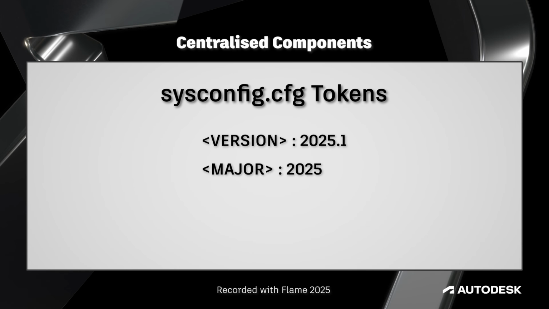The major token refers to the application major version, so in our 2025.1 example, it would resolve to 2025. The minor token refers to the application minor version, so following our example of 2025.1, this would be the 1 part. And finally, the OS token resolves to the operating system on which the software is running, either Mac OS or Linux.